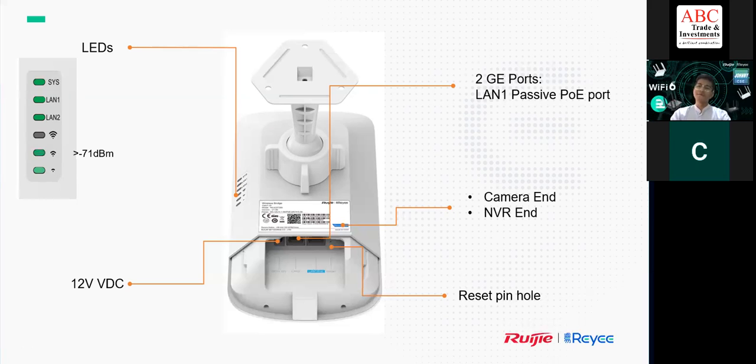Another one, if you see solid red, solid green, it is minus 71 dBm, so it is also good performance. If you see minus 68 dBm, the signal is strong. And we have another strong signal, minus 64 dBm, red, solid green. So you can check the signal coverage or signal strength by looking at the LED, so it's easy to check.